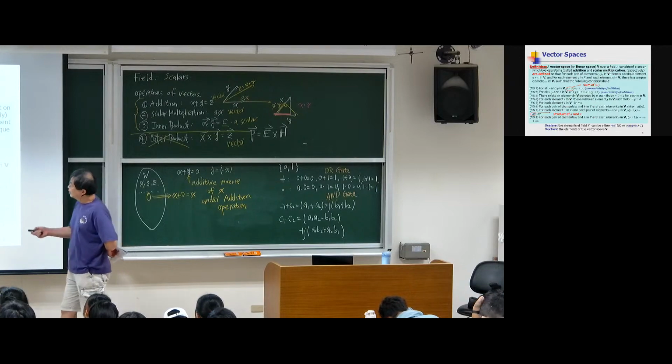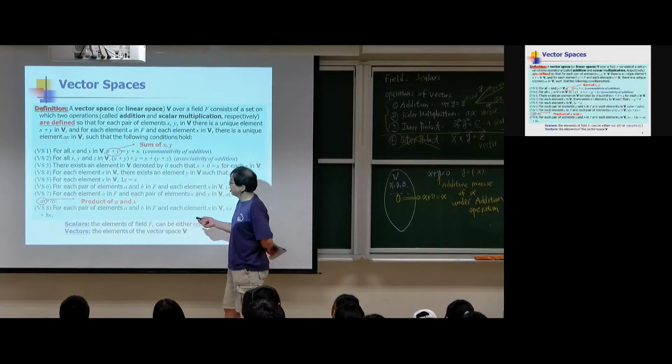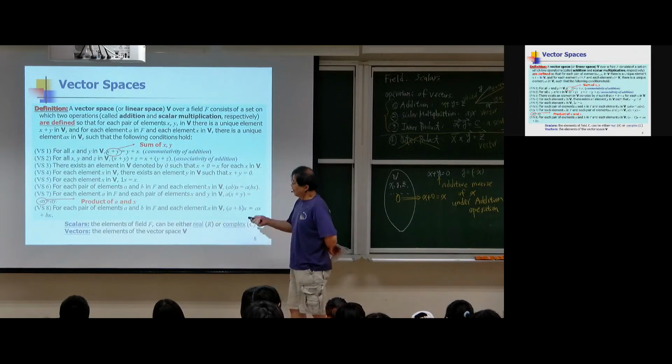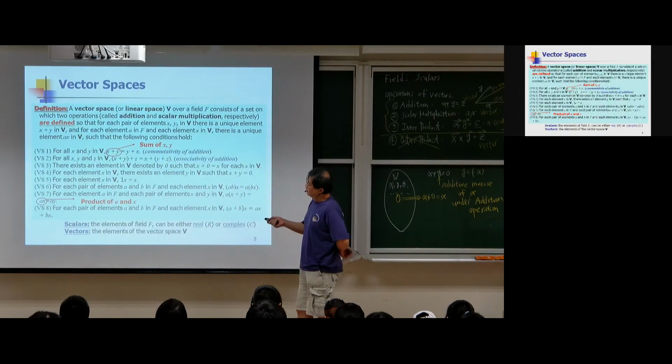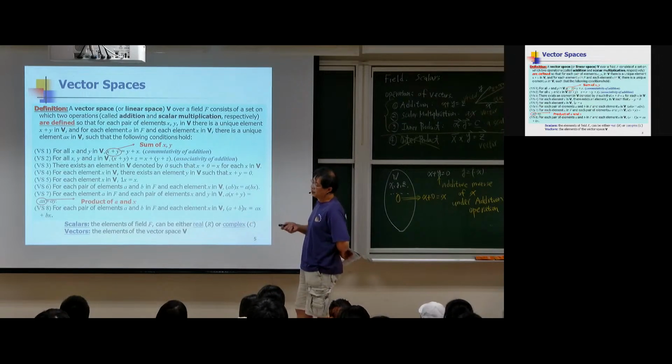Then VS5 states that for each element X in V, the scalar 1 times the vector itself equals the vector itself.